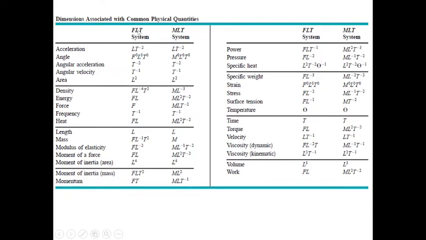Diba ang force ay, diba F equals ma? F equals mass times acceleration. Ang mass ay kilogram, which is the primary dimension. Acceleration, combination ng length and time, meter per second squared. So, length and time, tapos yung kanyang mass, kilogram, which is mass.